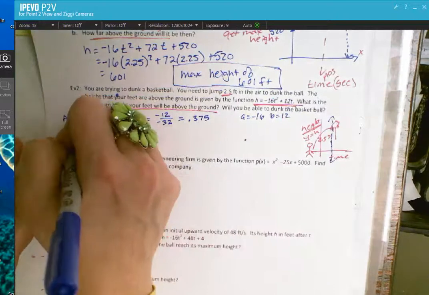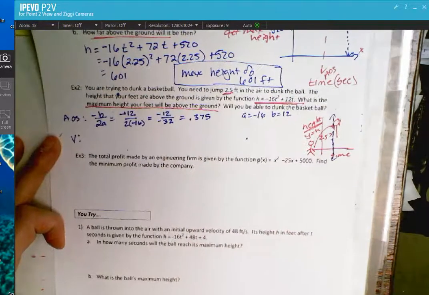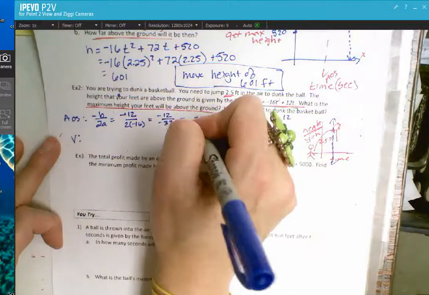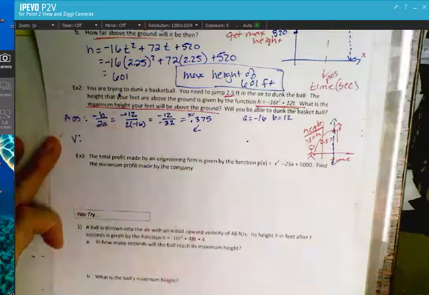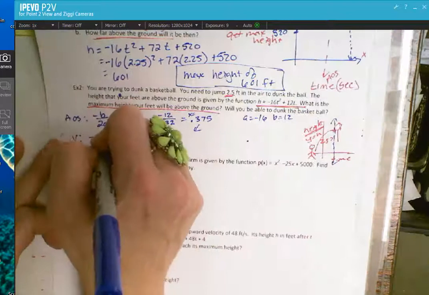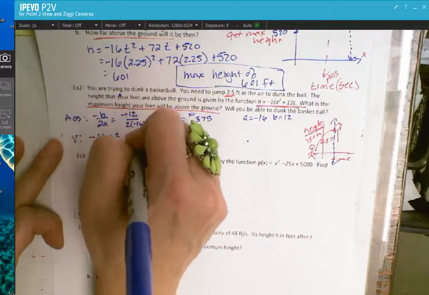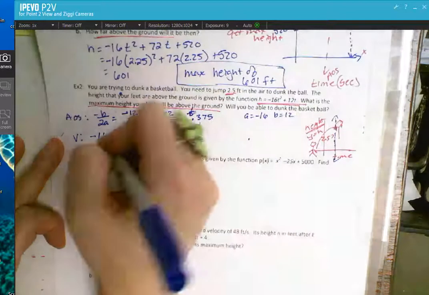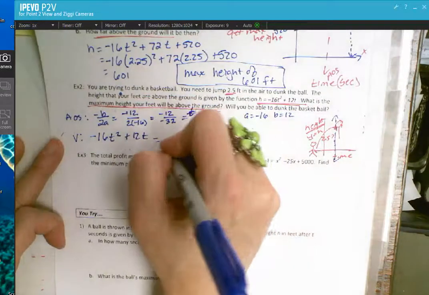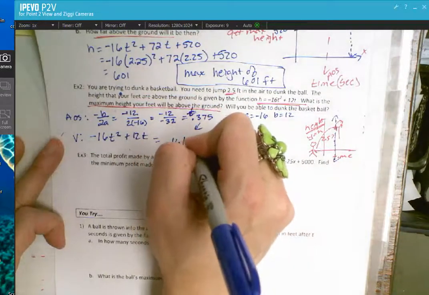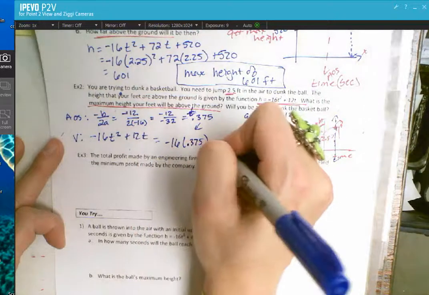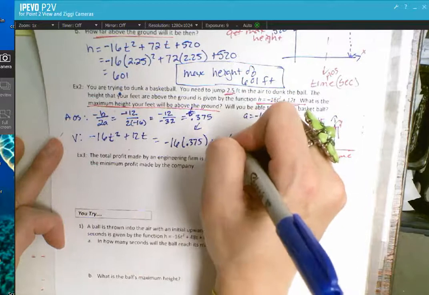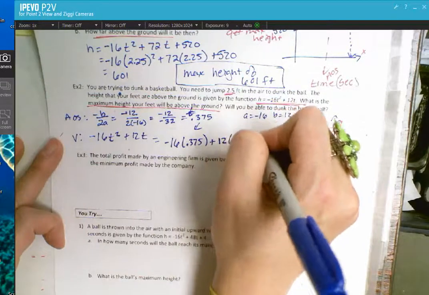So I need my vertex. The height, the y, hangs out inside my vertex. The vertex means take your x and substitute it in. So negative 16t squared plus 12t. My x is my time, which is t. So equals negative 16 times 0.375 squared plus 12 times 0.375.